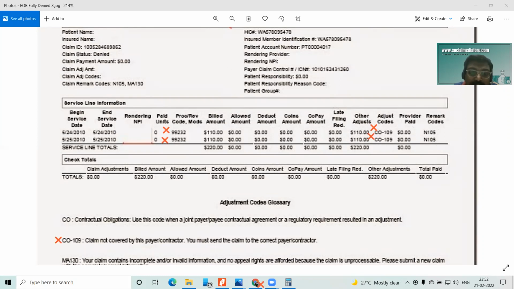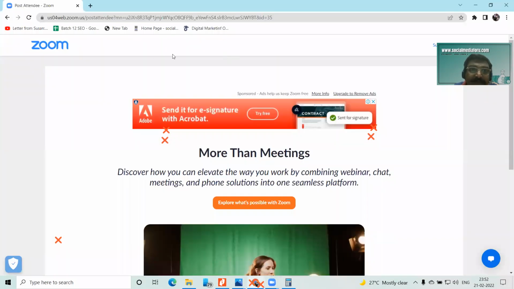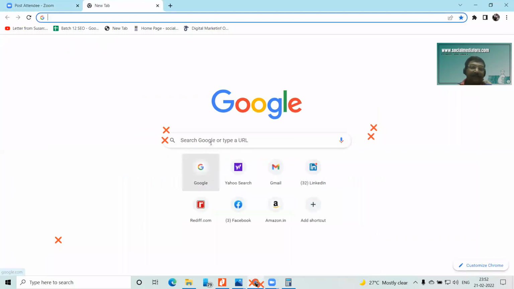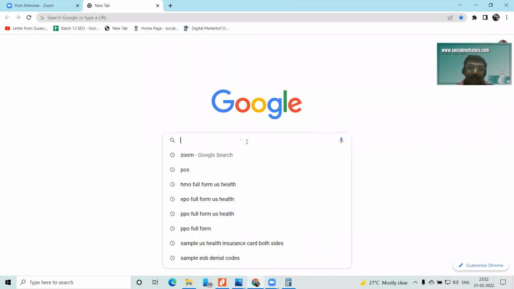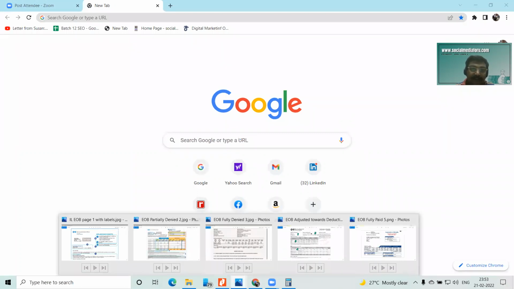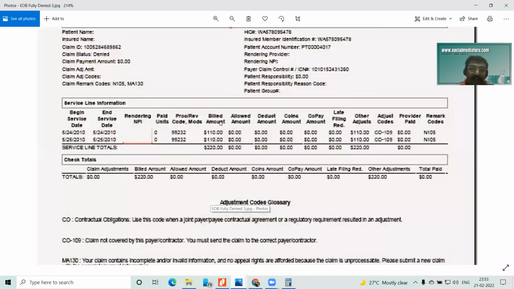So now what we can do is go to Google. I will just clear these annotations. Now we are going to find out what the service is for this fully denied CPT code 99234.